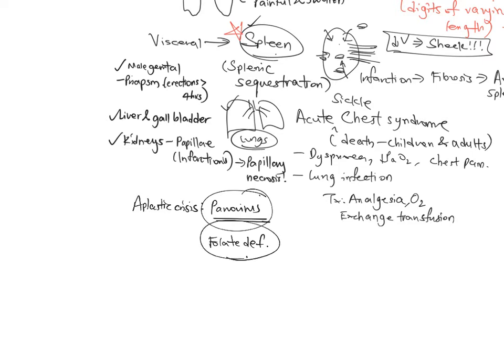As you know, folate is an important building block of DNA, and that could account for the aplastic crisis. You can identify it by a sudden decrease in hemoglobin levels and also reticulocytes, which are earlier forms of red blood cells. And to treat this, you would do a blood transfusion.